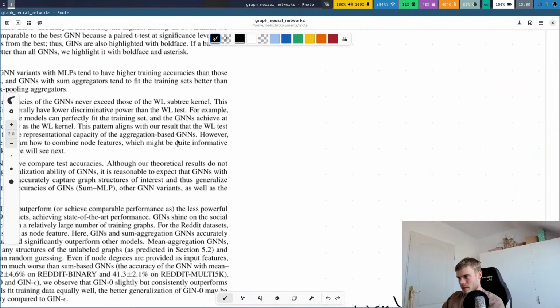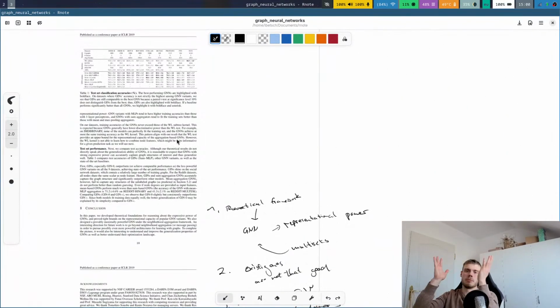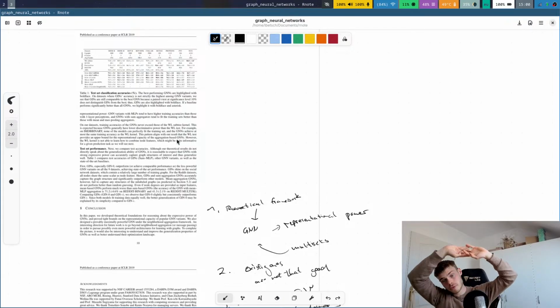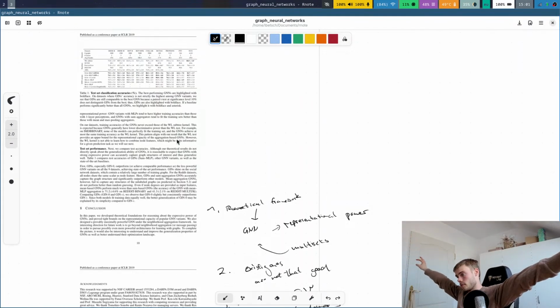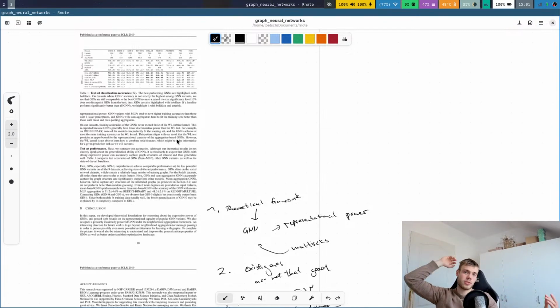But okay. So, to summarize this paper, we have GNNs. We have many different variants of networks. We haven't looked at this from a theoretical perspective, what they can express in theory.